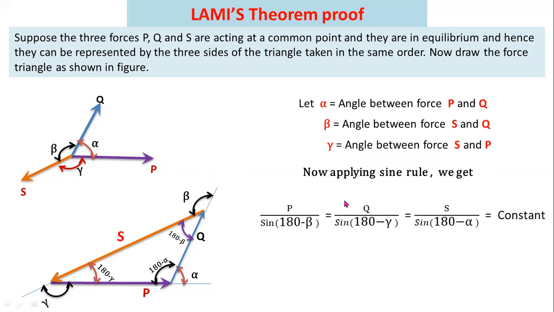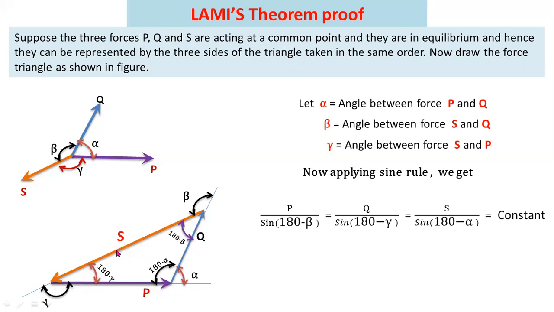After applying the sine rule, you will get this equation: force divided by sine of the angle between the opposite corner. Here this is force P and the opposite angle is 180 minus beta. This one is Q force, the opposite angle is 180 minus gamma.